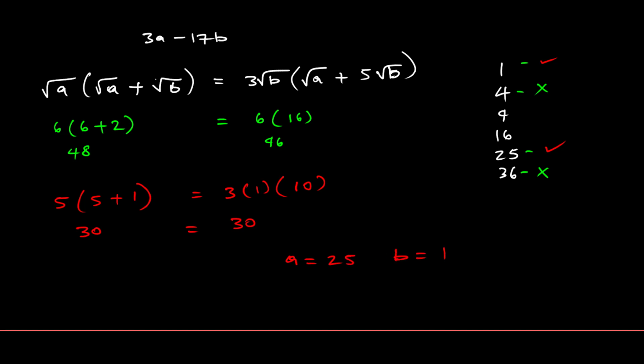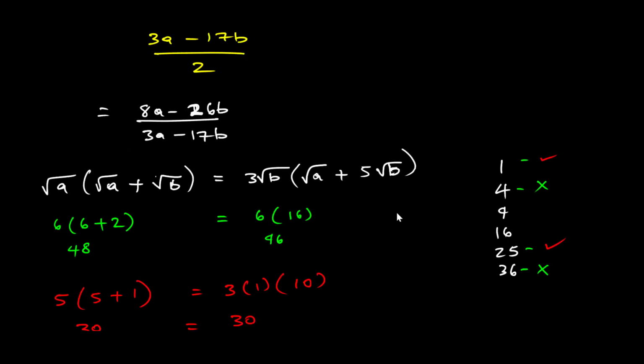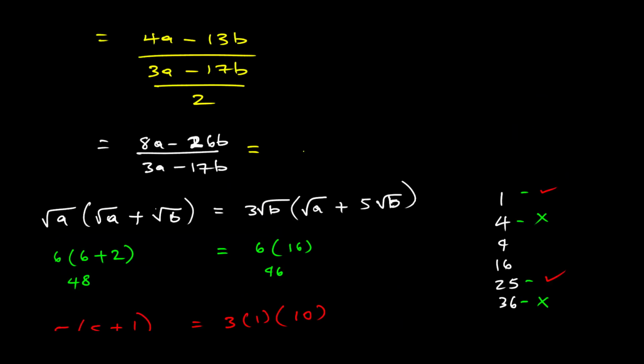But we are not through as yet, because the question asked us to evaluate this right here. Seeing that a is 25 and b is 1, that is 8 times 25 minus 26, all over 3 times 25 minus 17 times 1.